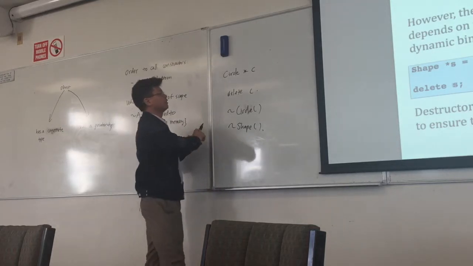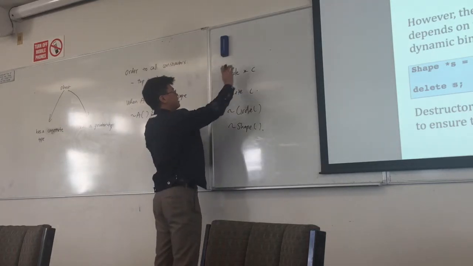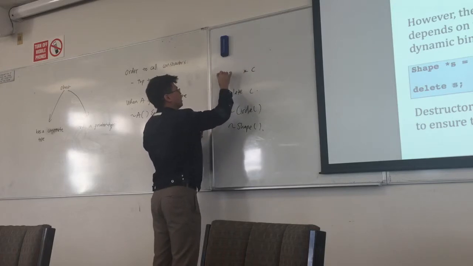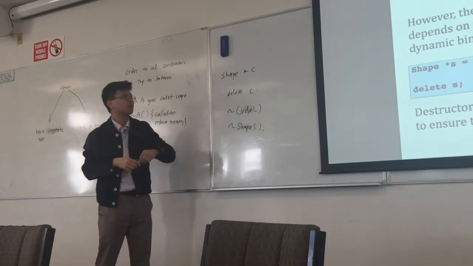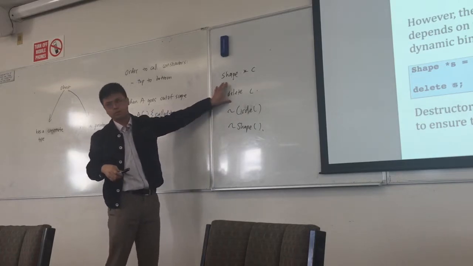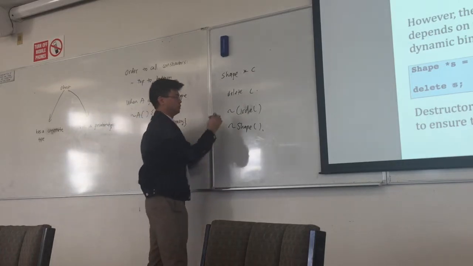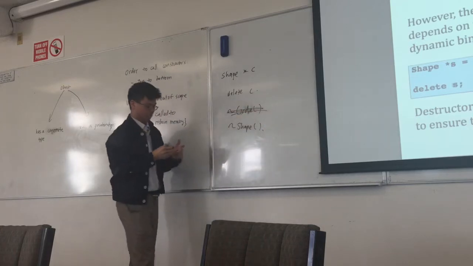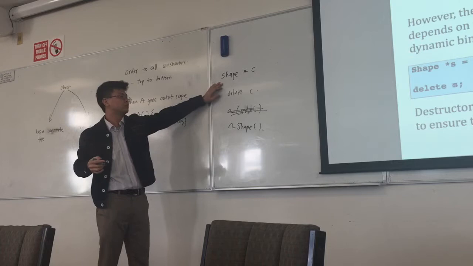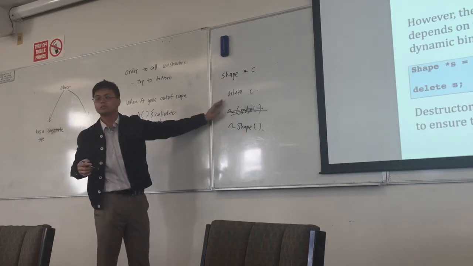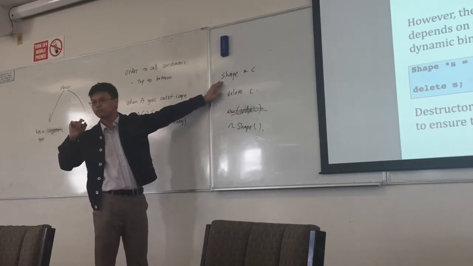Now let's say we have a circle, but we refer to it as a shape. And you call delete C, the destructor of C will not be called. Because the compiler sees that this is a shape, there's no reason to destruct something other than a shape. Make sense?